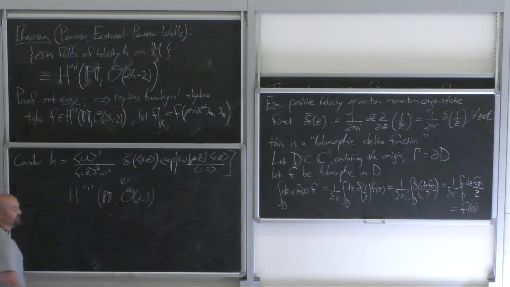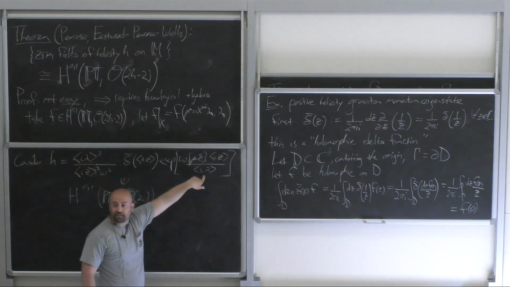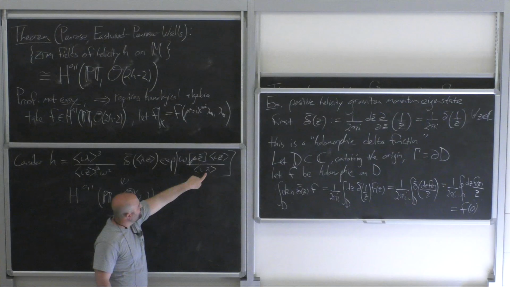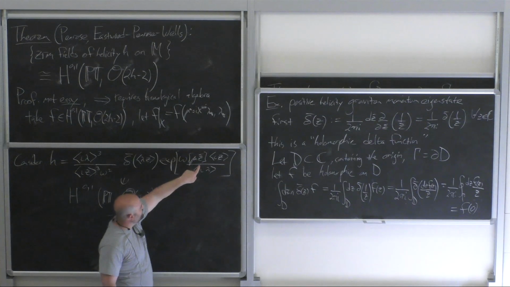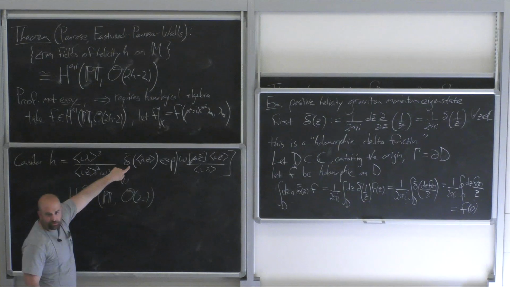My claim is that it's closed. Why is it closed? If I hit this thing with d bar, you might worry there's an essential singularity hanging out in this exponential. But that d bar is only going to see the bit of the essential singularity that's coordinatized by lambda, and we already have a differential form in lambda here.